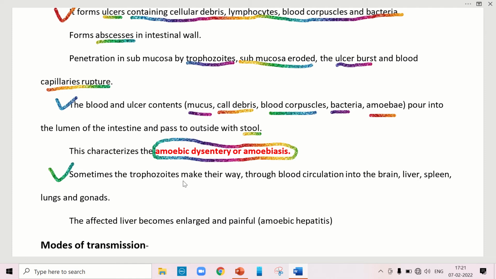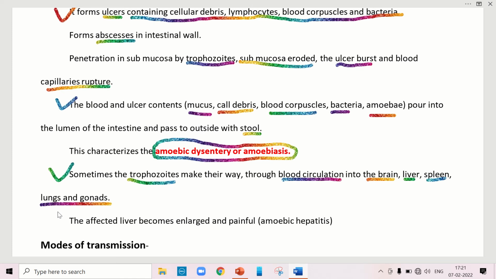Sometimes the trophozoites also enter the blood circulation and then the brain, liver, spleen, lungs and gonads. Sometimes this trophozoite stage of this organism makes its way through blood circulation into the brain, liver, spleen, lungs and gonads, and these affected parts can be destroyed.